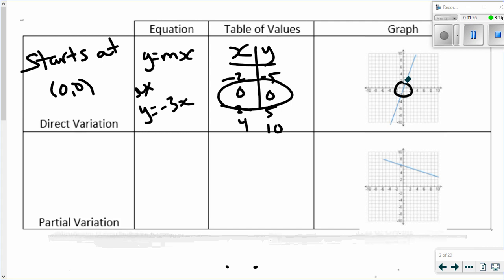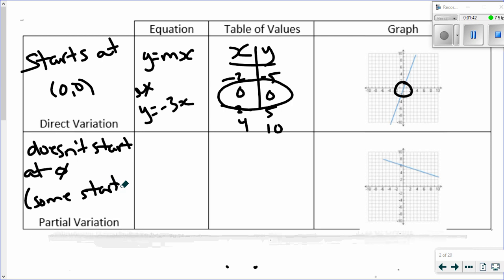Now, for partial variation, it means it doesn't start at 0. There is some starting value. That comes more into play when there are word questions, but it is an important consideration.